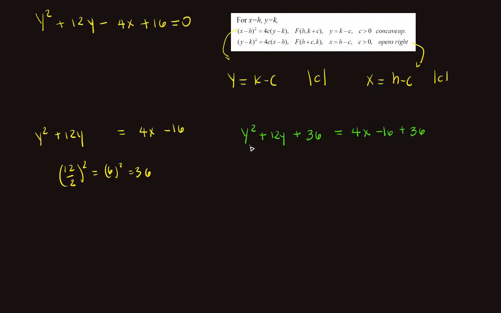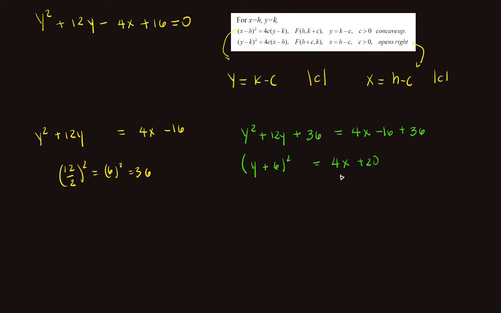When we take the middle term, divide by 2, square it, and add that result to both sides of the equation, we turn this into a perfect square trinomial. So it looks like y plus 6 squared equals 4x plus 20.